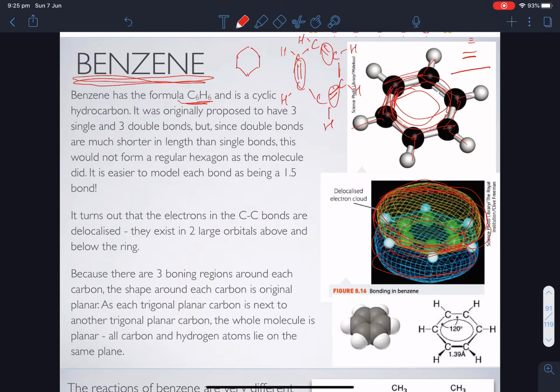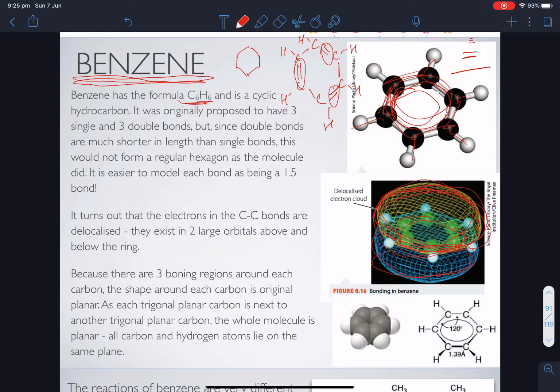So it lies on a plane, electrons above, electrons below, 2 large orbitals, one above and one below the ring. Delocalized means that those electrons aren't bound to one of the atoms, they're shared between the atoms.